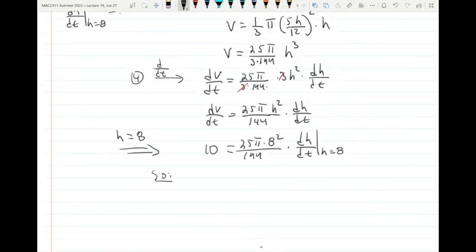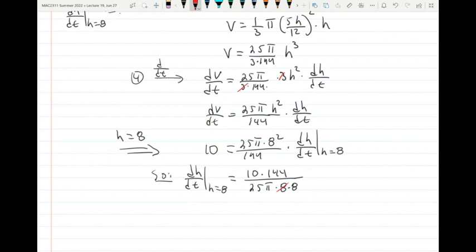So dh/dt equals, let's see, I'm going to multiply and divide by that quantity, and then I will simplify. So that will be 10 times 144 divided by 25 pi times 8 times 8. Put it 8 times 8 so that it's easier for me to simplify. All right, so let's start with the simplifying.